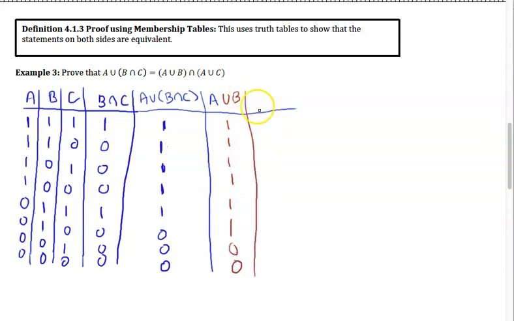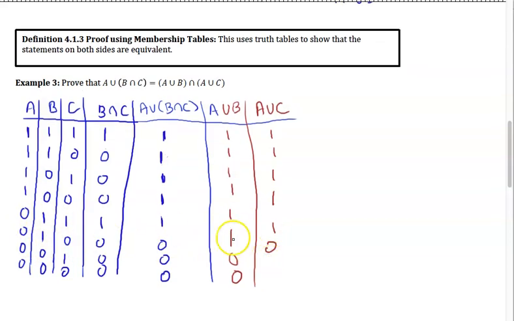And then we need a union with C. So 1, 1, 1, 1, and 1, 1, 0, 1, 0.